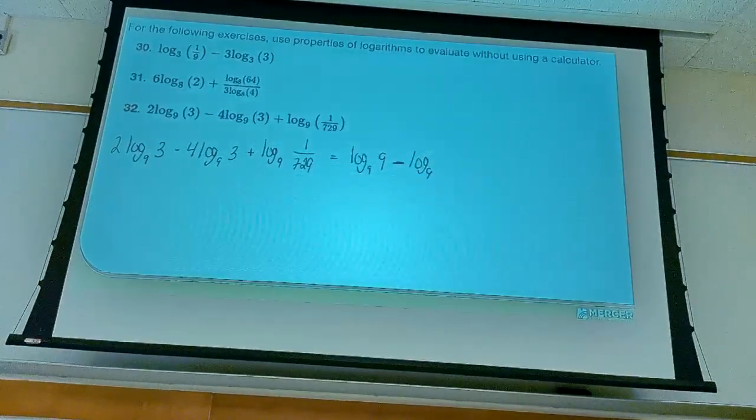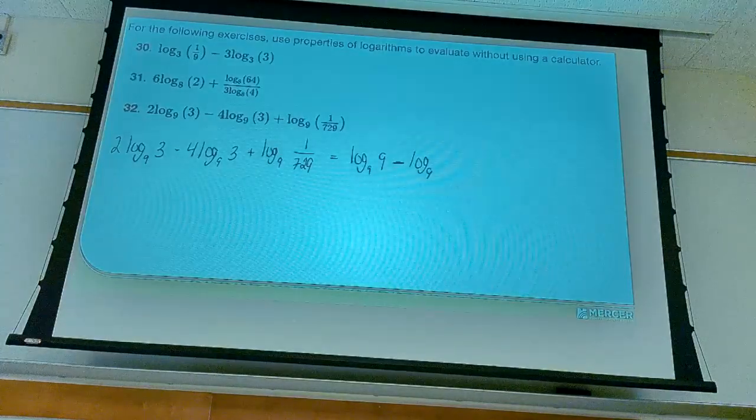What's 3 to the 4th? It's 81. Or 3 squared, 9 squared.